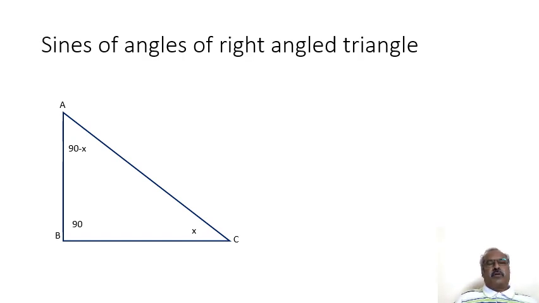The most important thing about trigonometric ratios is, as we have discussed earlier, they are defined for angles of a right angle triangle. So the first of the ratios, called sine of an angle, is defined as: sine of the angle x equals the opposite side to x, that is AB, upon the hypotenuse AC.